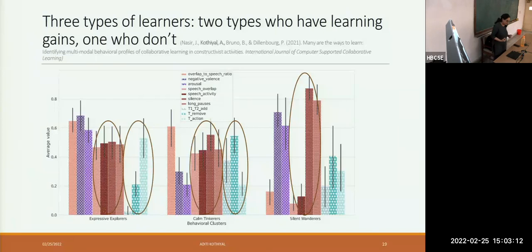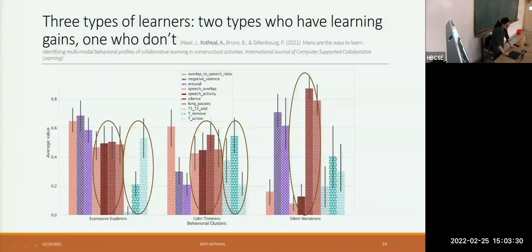But what was interesting was that there were 2 kinds of actions which people were doing, which we have not seen before.